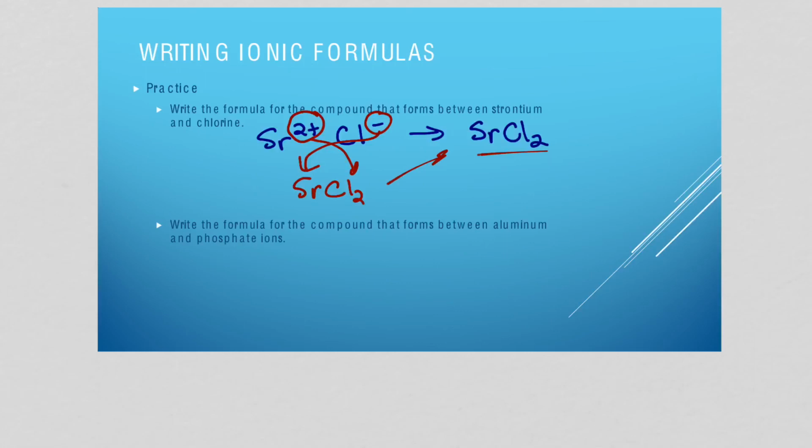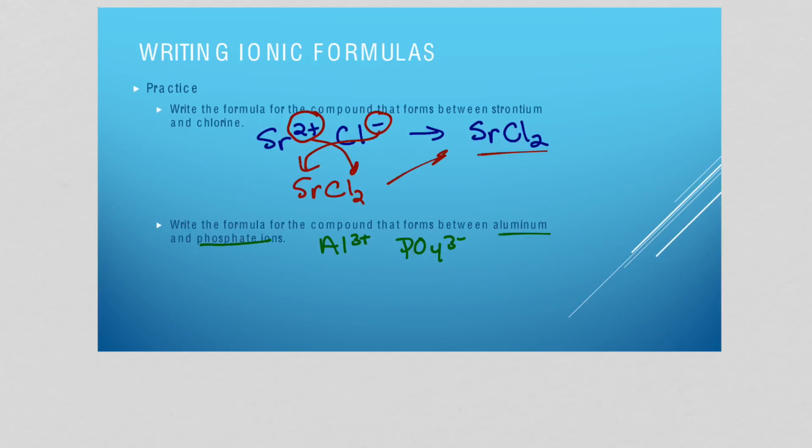We have aluminum. Aluminum is in group 3, so it's going to form a 3+ ion. Now phosphate, this is one of our polyatomic ions, so as we start to learn these, this is going to be PO4 3-. Now, if we're putting this together, we might be able to easily see this is a 1-to-1, but I want to point something out here.